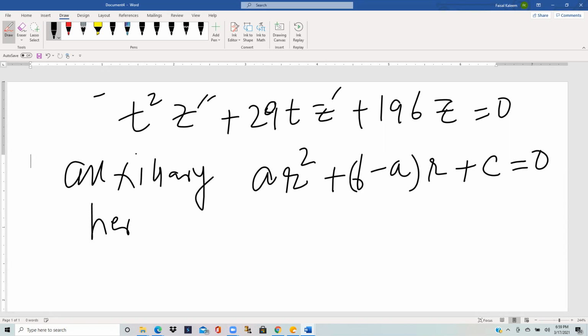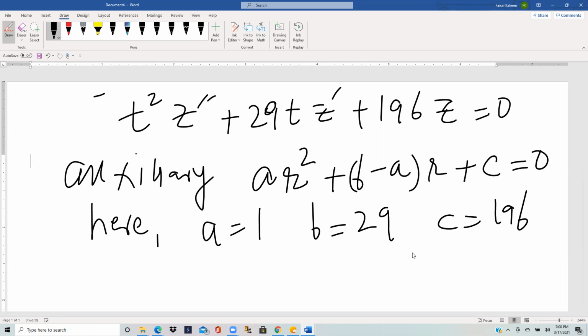So here a is 1. A is the coefficient of the double derivative term, and b is the coefficient of the single derivative term. So b is 29 and c is 196.